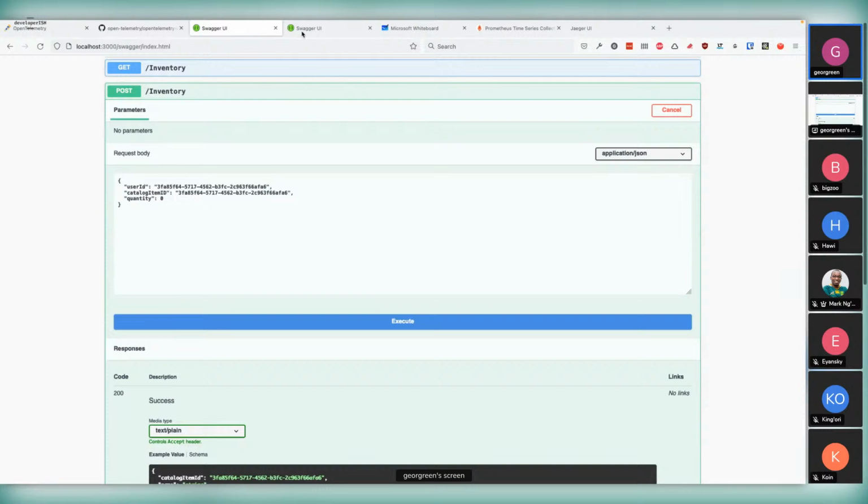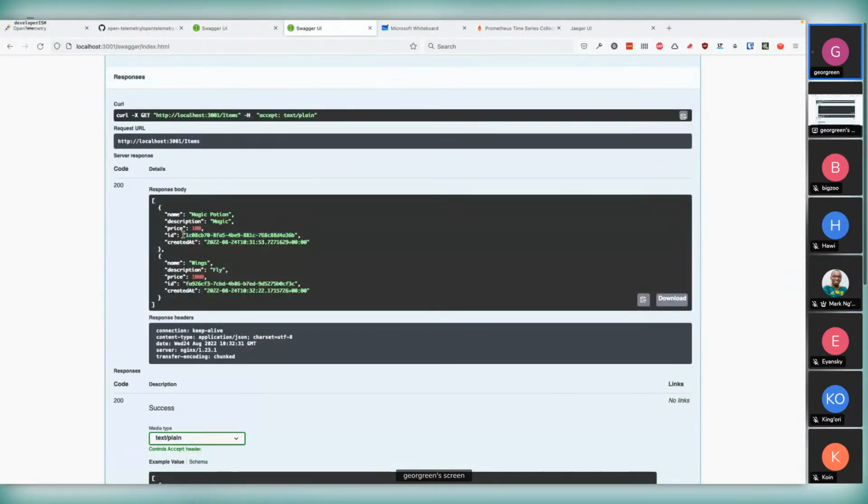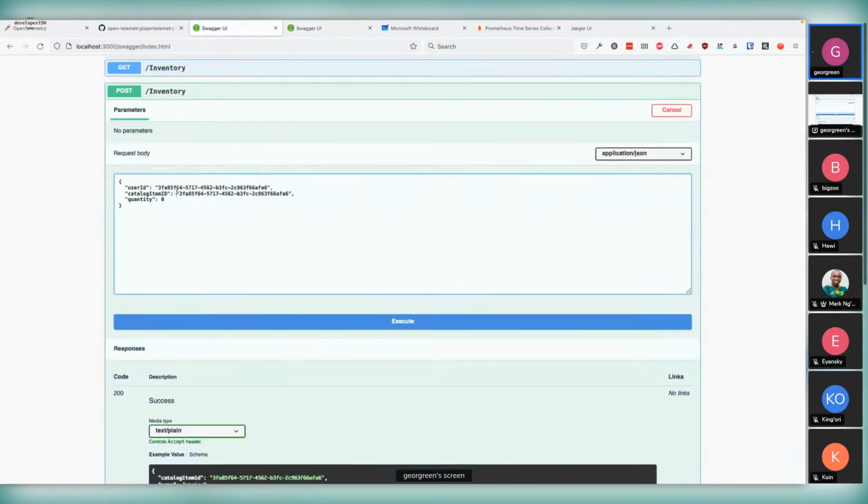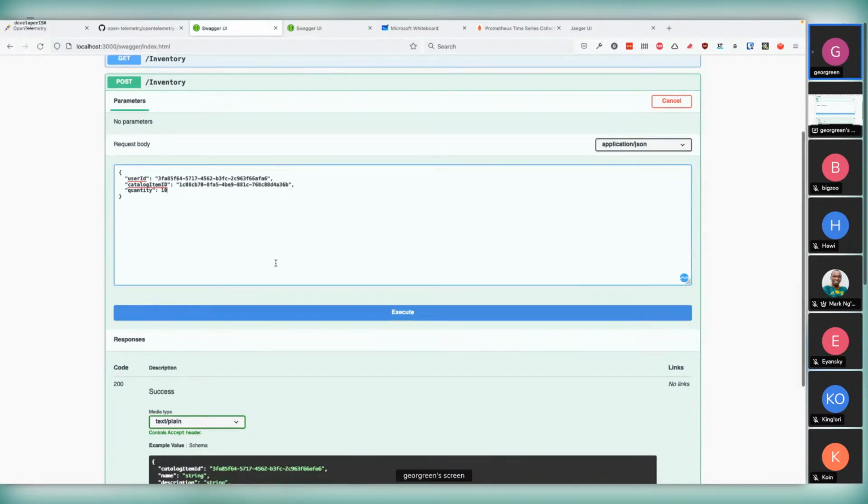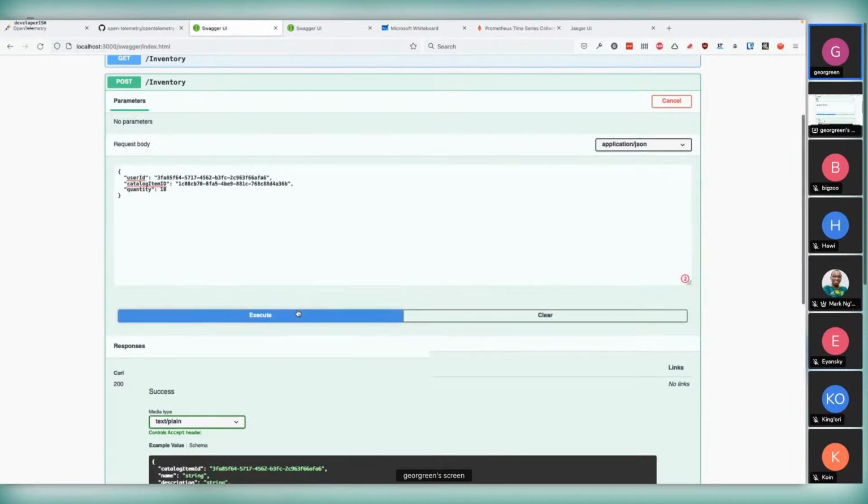The ID, we can just get the ID of the item in the catalog. And we can just say, okay, this guy owns 10 of these things. So think of this like a player in a game who has been able to redeem 10 magic potions. And that's it.